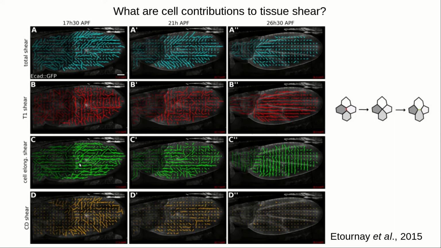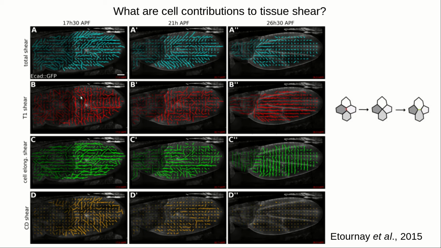This is more important at the beginning, whereas in the end, cell elongation goes in the opposite direction. At the beginning, cells get elongated in the proximodistal axis, and then they become more relaxed, so they start being more rounded again.